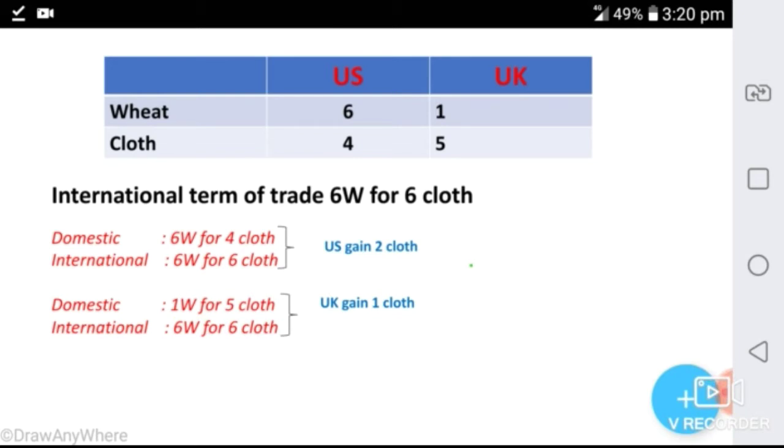So this example shows us that both the nations gain from trade, no matter who gains more. Therefore, trade is possible between both the nations. This is called absolute advantage theory by Adam Smith.